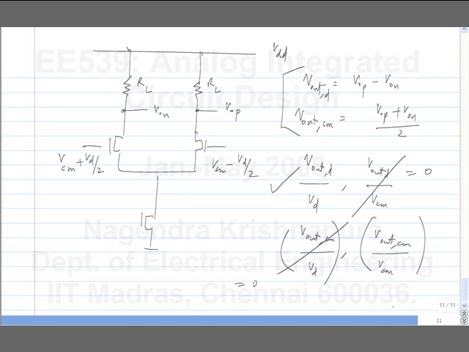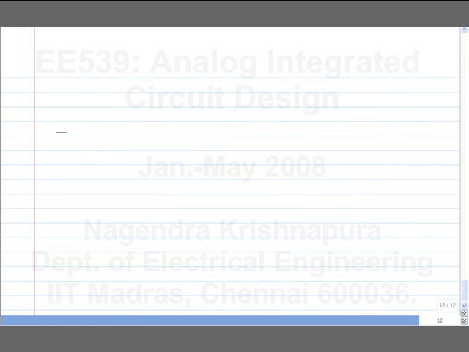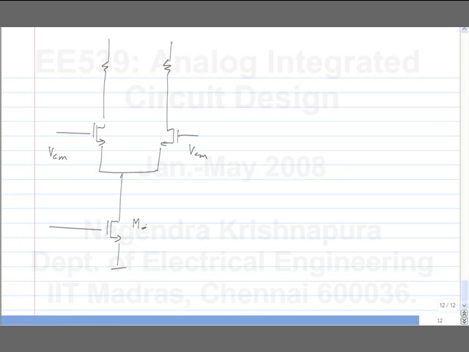So, for instance, I will define the two drain voltages to be VD. If one side is VD, the other side is VD because of symmetry.